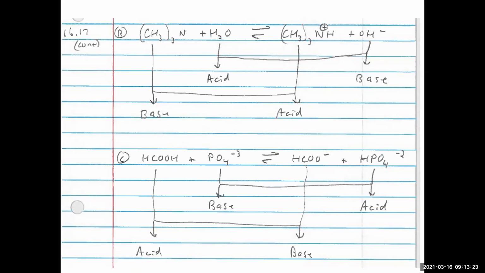The HCOO is going to go with the other one that has a HCOO. The HCOO isn't going to go with the PO4 or something like that because they're not conjugates in that fashion. Any questions on this? Okay.